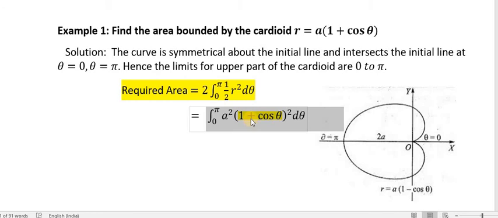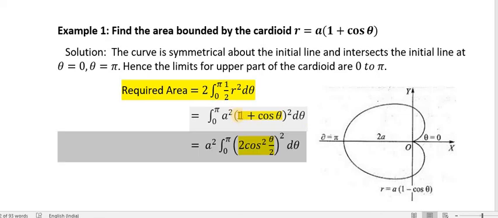That is equal to integral 0 to pi. See, 2 and 2 get cancelled here. r square means a square into 1 plus cos theta whole square. So, that we have taken here. So, integral 0 to pi a square into 1 plus cos theta whole square d theta.